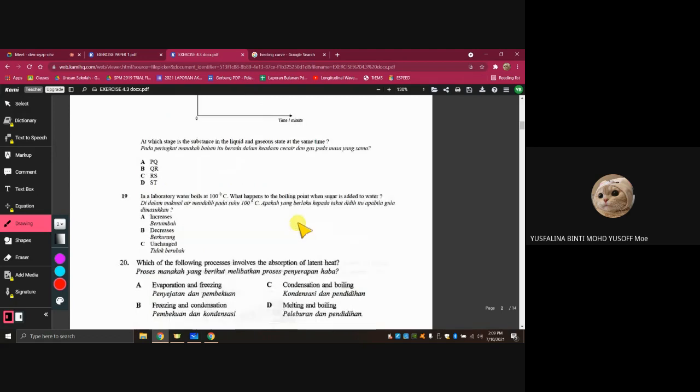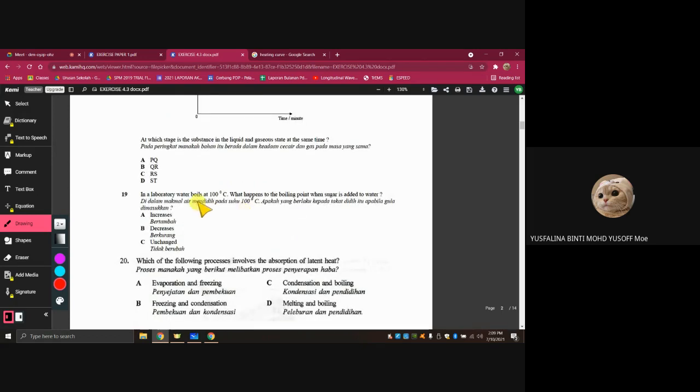Alright, for number 19, in the laboratory, water boils at 100 degrees Celsius. What happened to the boiling point when sugar is added to the water? So what do you think happened to the boiling point here? Yeah, it should be increased.